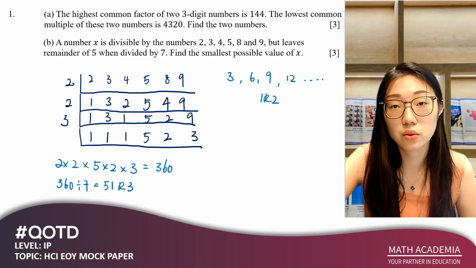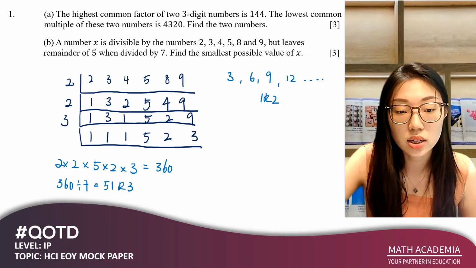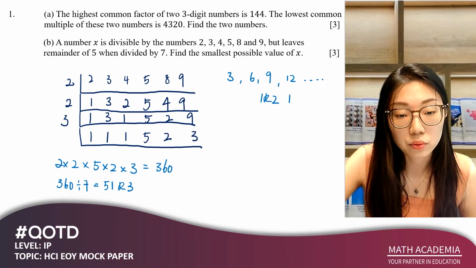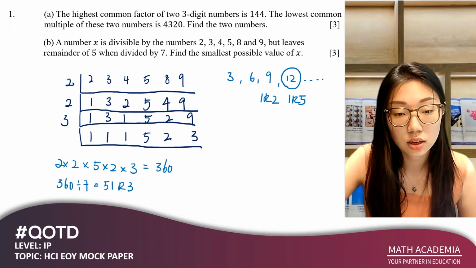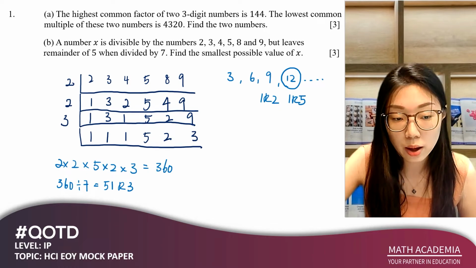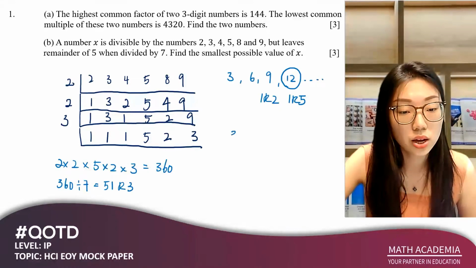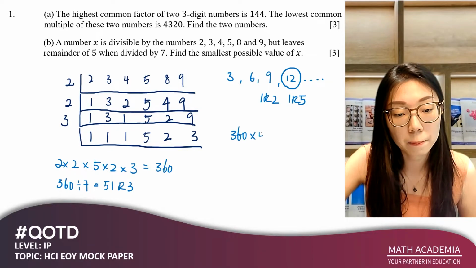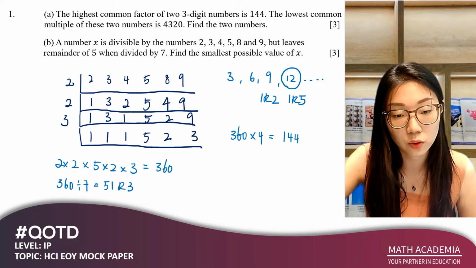This is also not the remainder I want. When I divide 12 by 7, I have 1, remainder 5. So 12 is the multiple of 3 that I am looking at. To get 12, I multiply 3 by 4. Therefore, I take 360 multiplied by 4, and that would give me 1,440.